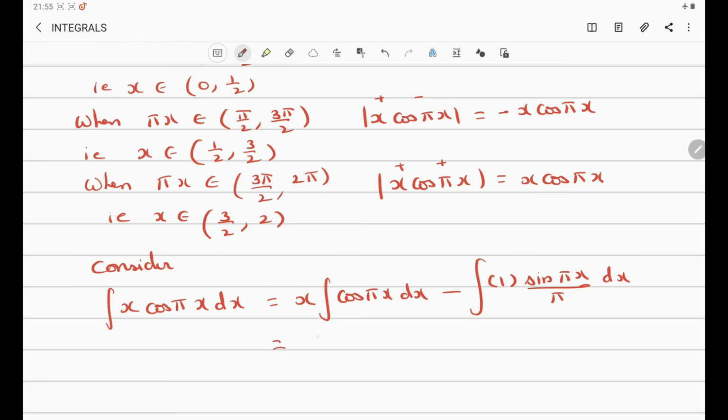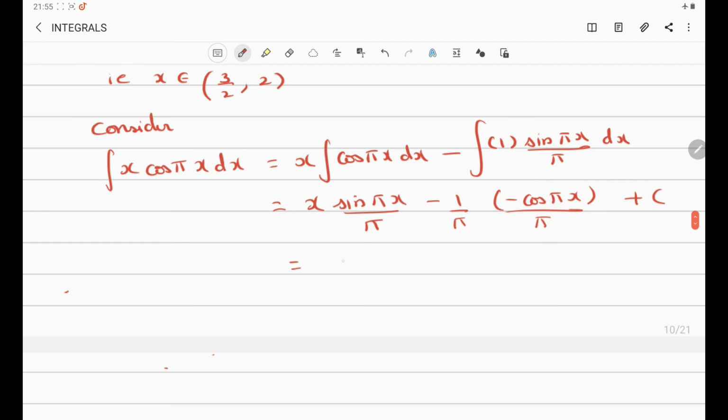So we get this as x into sin pi x by pi minus 1 by pi into integral of sin pi x, which becomes minus cos pi x by pi, plus constant of integration c. So which is x sin pi x by pi plus cos pi x by pi squared plus c.